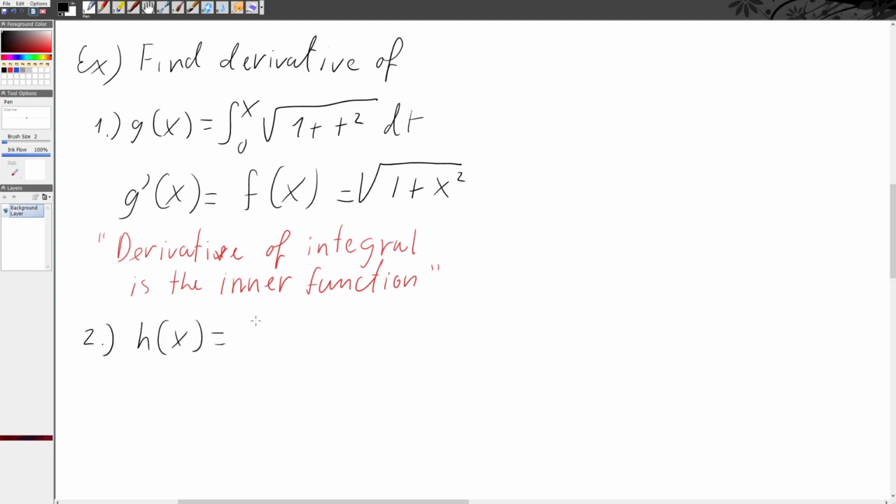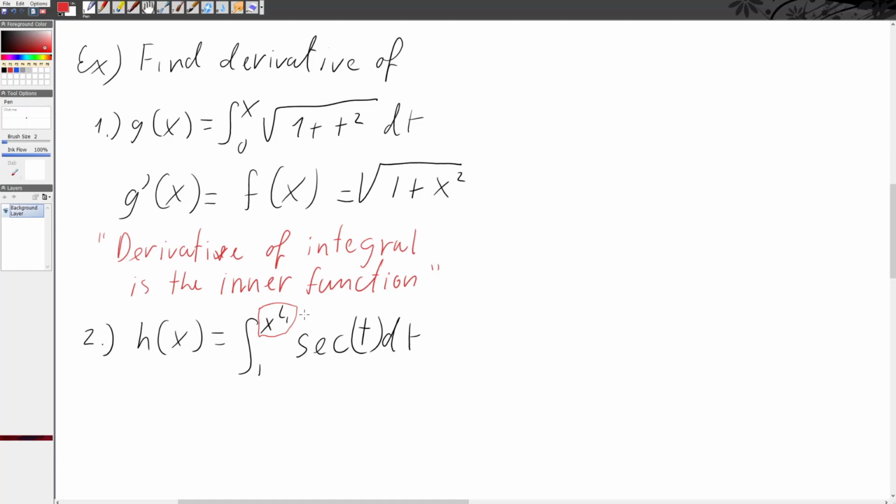h of x is equal to the integral from 1 to x to the 4th of the secant of t dt. Now, the fundamental theorem of calculus only states what happens when the upper limit of integration is equal to x.